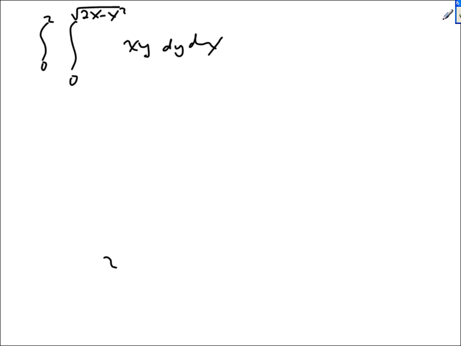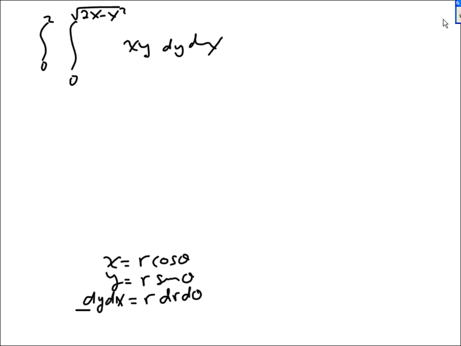Well, x is r cosine theta, y is r sine theta, and dy dx or dx dy is r dr d theta. So when you multiply these three, you get exactly xy dy dx.